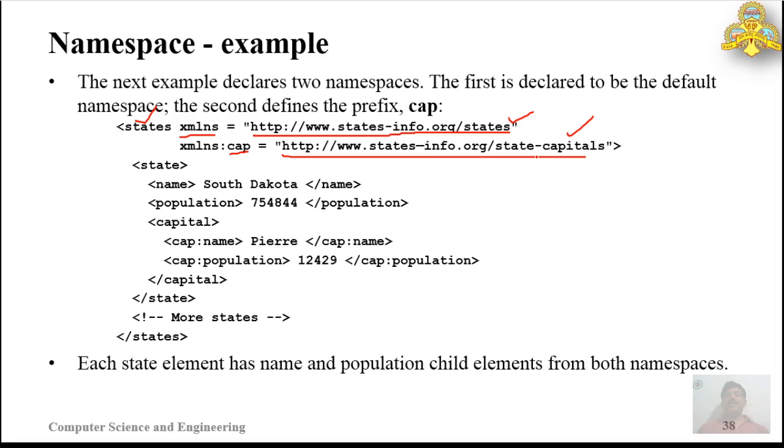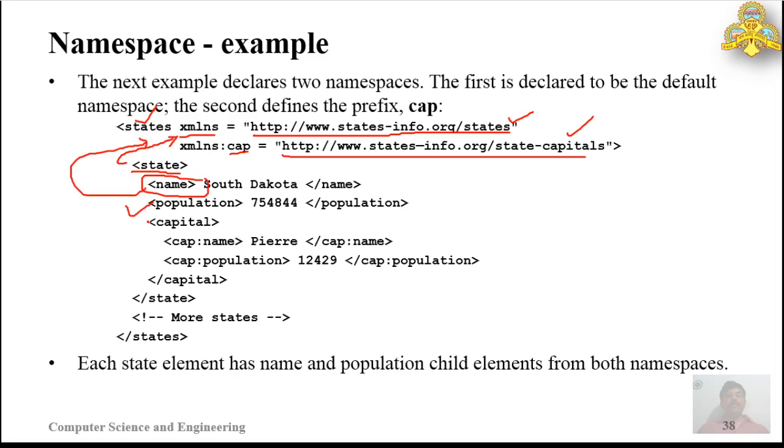There is a child element state. Observe here, state does not have any prefix. So the definition of state is coming from the default namespace, that is statesinfo.org states. And there is a name tag. Again, this is coming from the default namespace.